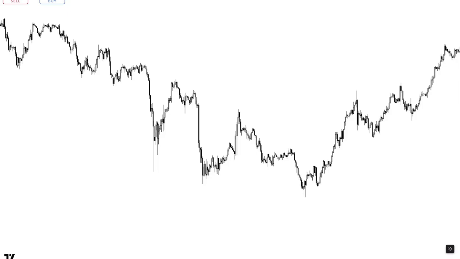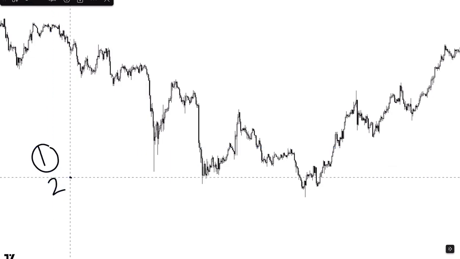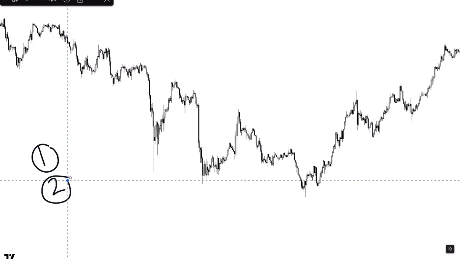All right, folks, welcome to lesson 10 of CRT Models. Entry models. Now, in this lesson, you're going to see three main entry models. First of all, model number one. Second of all, true market structure shift.